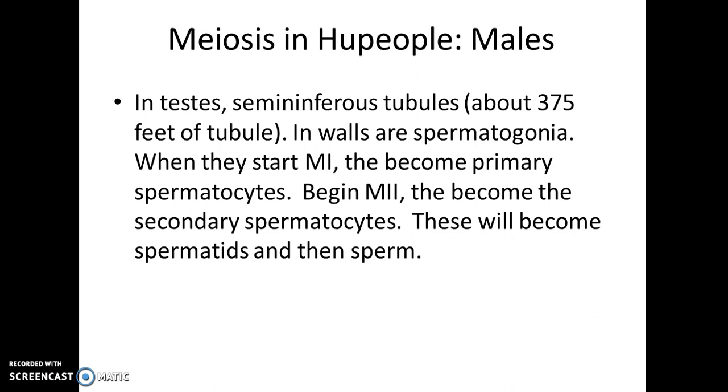When they start meiosis 1, they will become primary spermatocytes. They finish meiosis 1 and begin meiosis 2. They will become secondary spermatocytes. After the end of meiosis 2, they will become spermatids and then they will be reorganized to form sperm. So we start off with one spermatogonia, and you'll end up with 4 spermatids, which will become sperm.